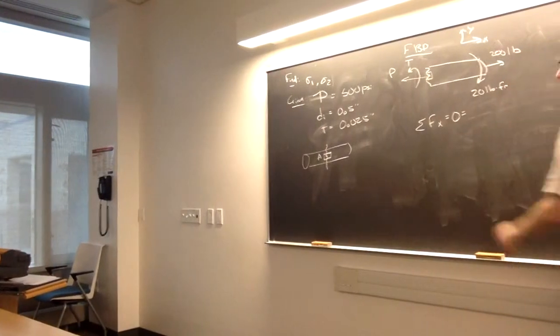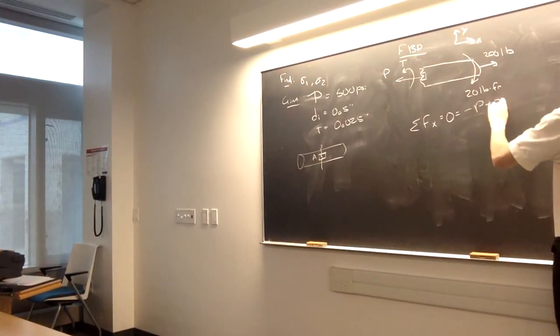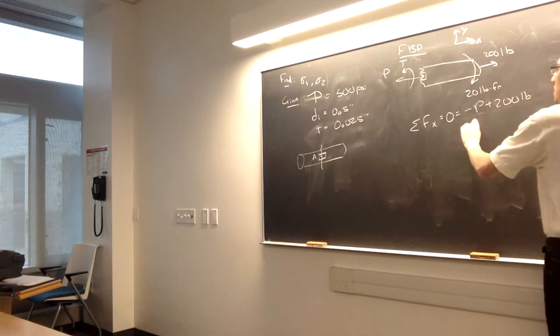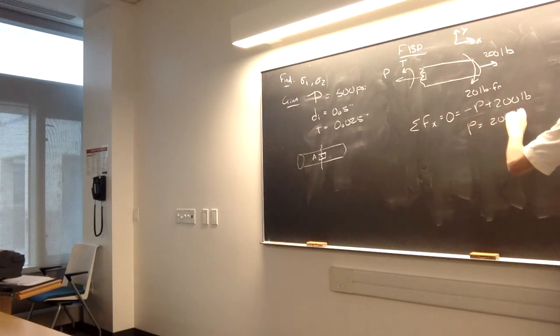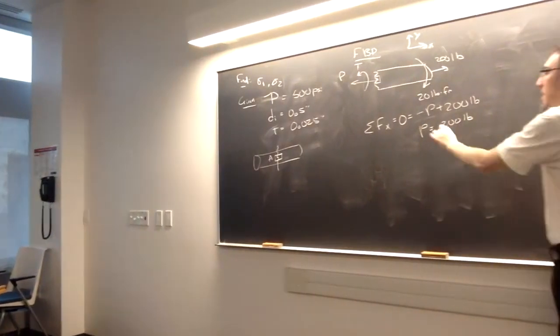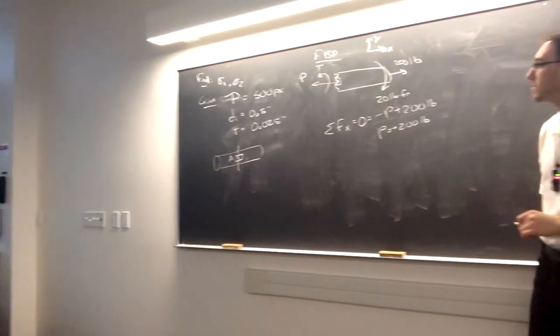So in this picture, in the x direction, I'll have negative P plus 200. So my internal normal force is a positive 200 pounds.